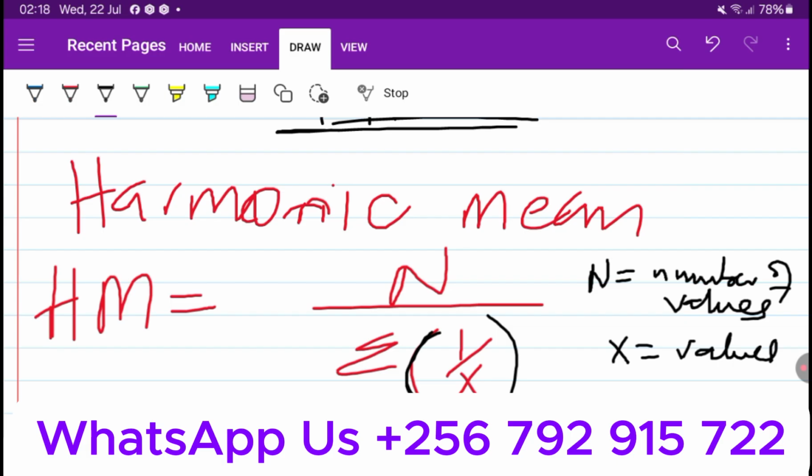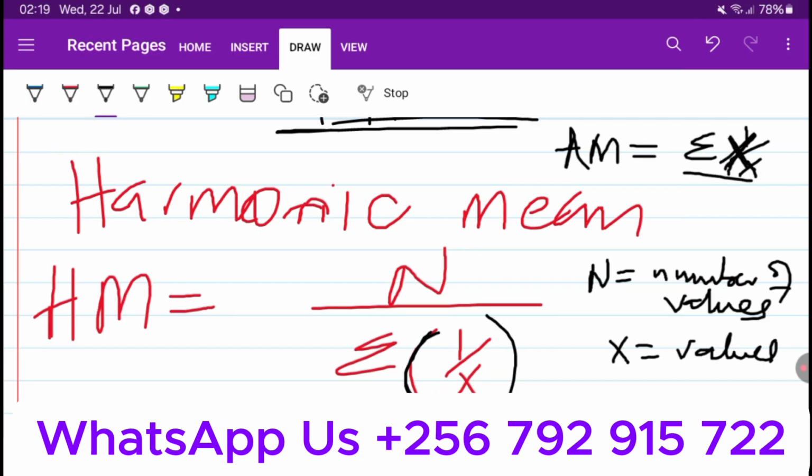So it is just the reciprocal of the arithmetic mean. For the arithmetic mean, we always get the summation of x values over n.